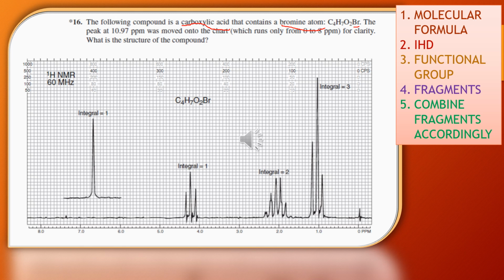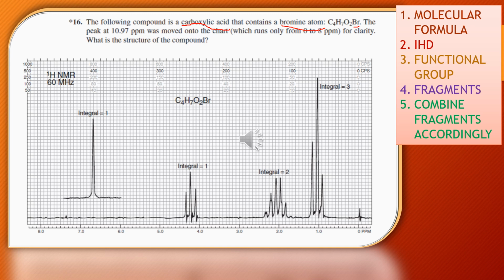The first thing we need is the molecular formula, right? Second is IHD, third is functional group, and then we find out the fragments, and then we have to combine those fragments and the molecular formula is prepared.